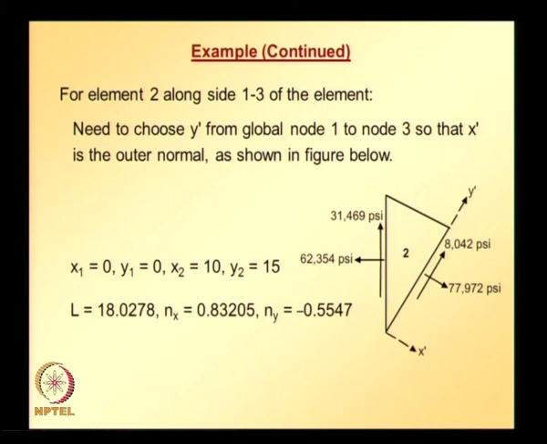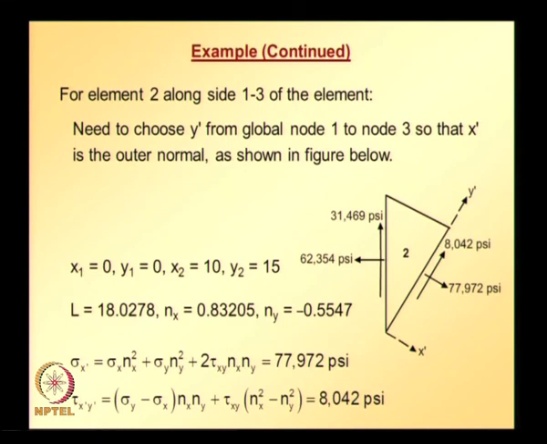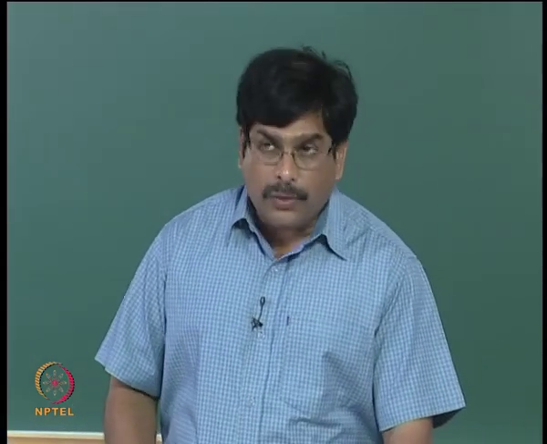Once we have this we can calculate the direction cosines of outer normal for this particular edge 1 3. Once we have this information, we can easily calculate sigma x prime, tau x prime y prime using these relations. So we calculated sigma x prime, tau x prime y prime for both elements along the interface 1 3. So we need to see whether these values match or not.